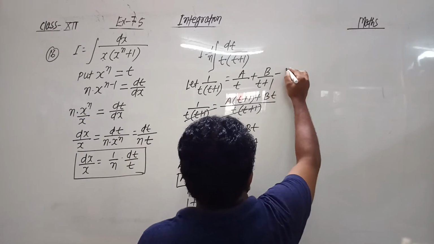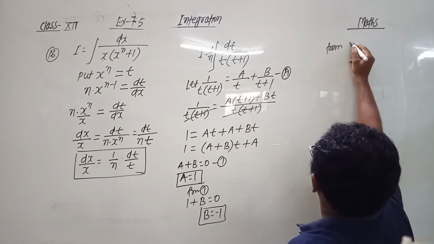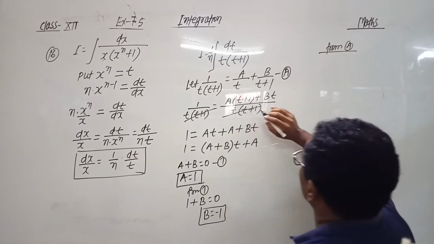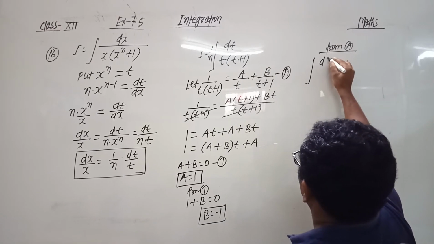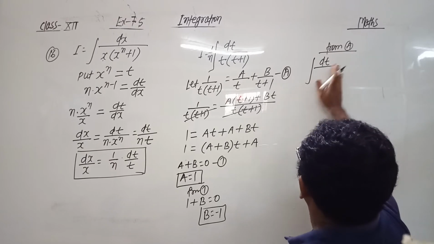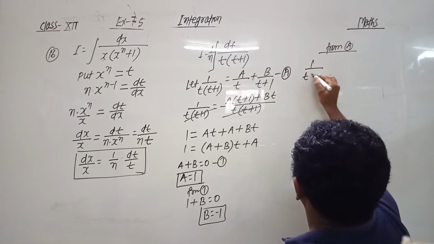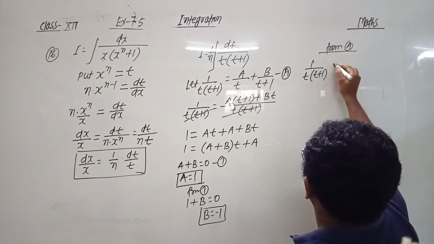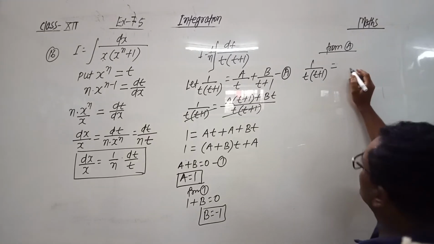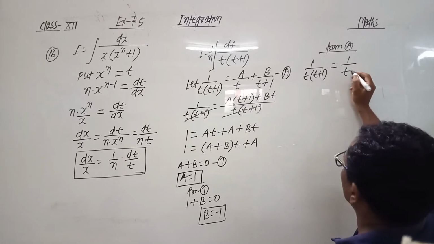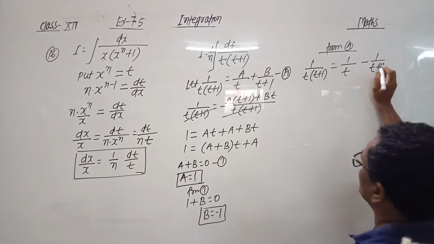Now put the value of a and b in equation number a. So from a, integration dt upon 1 by t into t plus 1 equals, the value of a is 1, so 1 upon t, and the value of b is minus 1, so minus 1 upon t plus 1.